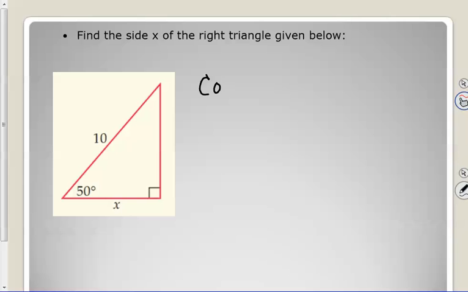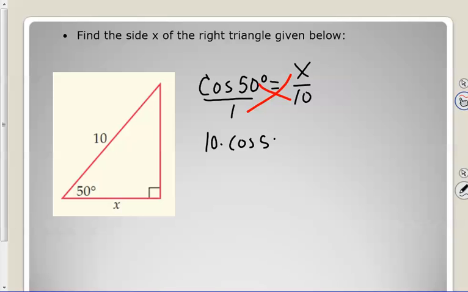So we're going to do the cosine of 50 degrees is equal to x over 10. And then I'm going to cross multiply because I'm going to put this over 1. So now I can just go x over that. So then I have 10 times the cosine of 50 degrees is equal to x.